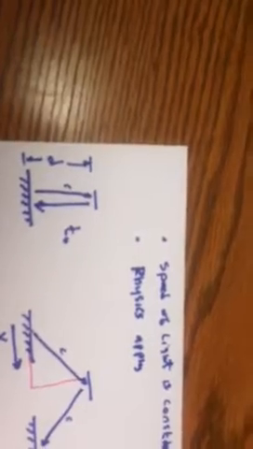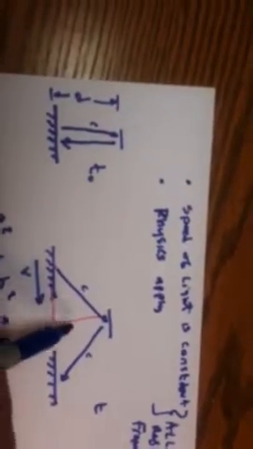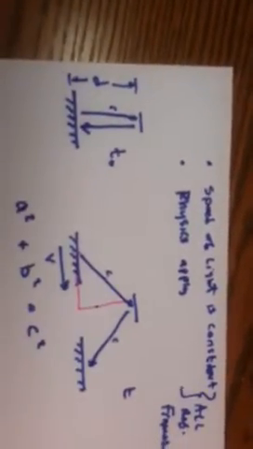The Pythagorean theorem says a squared plus b squared equals c squared, where a is this leg, b is this leg, and c is the hypotenuse.